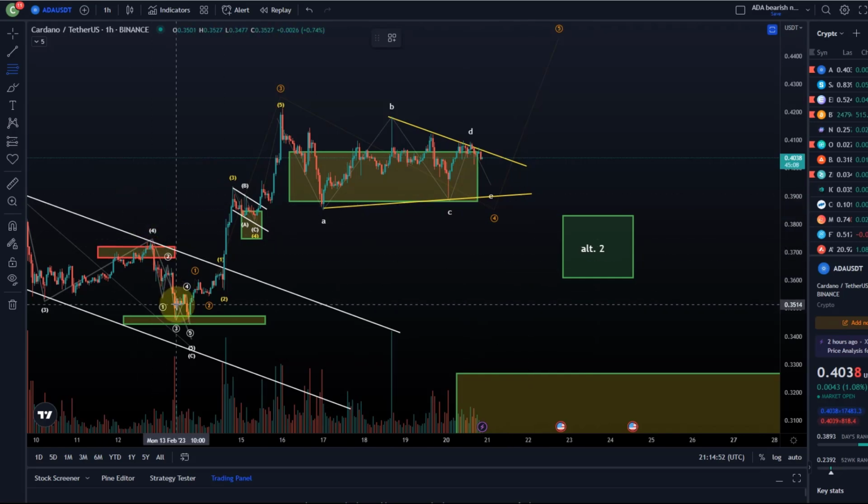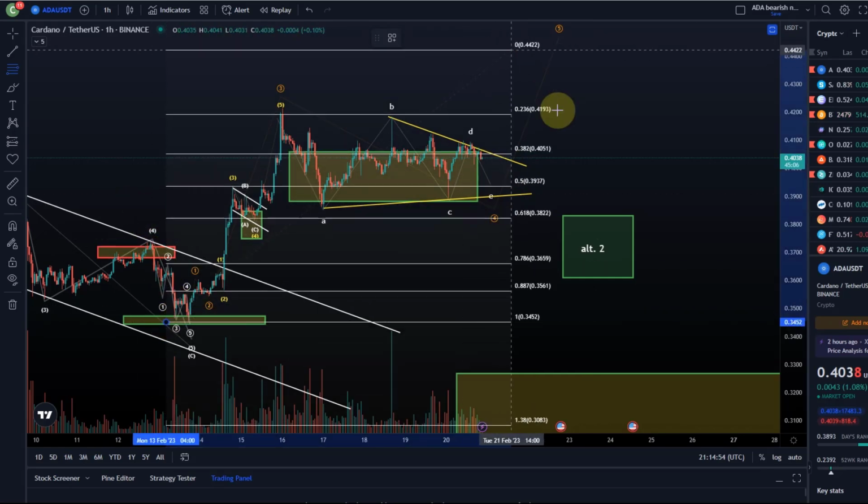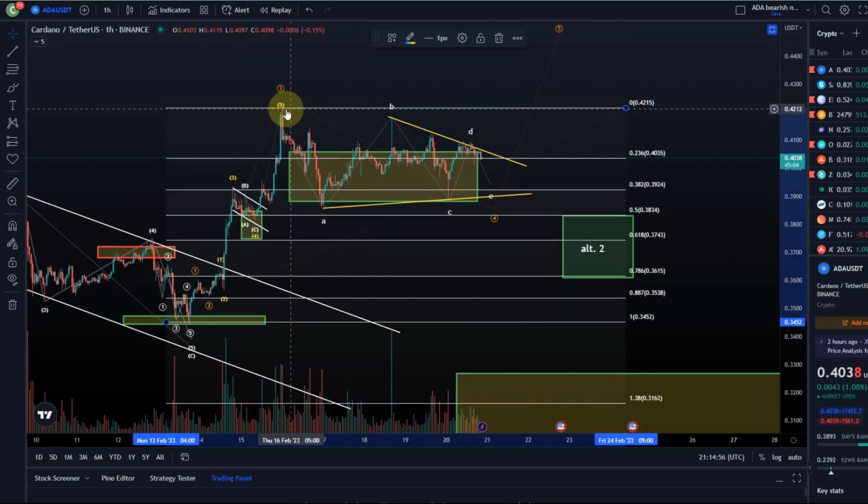So if we make that new low, then we would have to assume that we already peaked in a wave 1 on Thursday, and that we are coming down in a wave 2 into the area between 38.3 and 36.1 cents. Then we have something like an A wave, a B wave, and we would be coming down in a C wave, A, B, C.